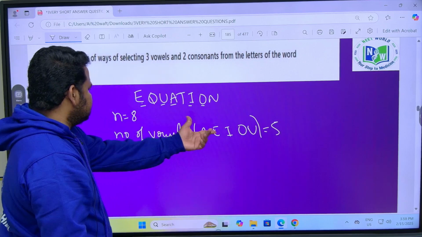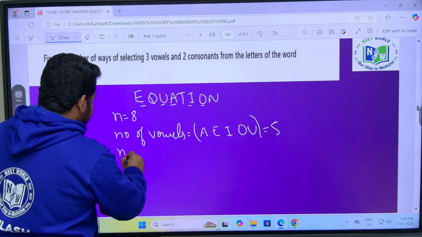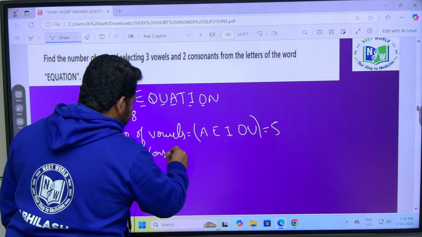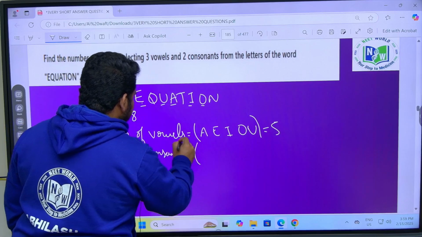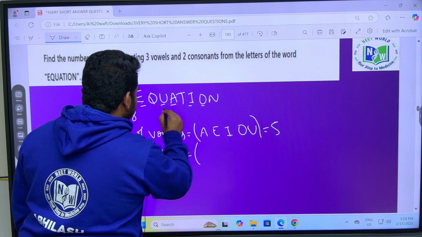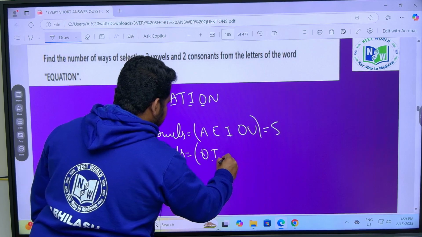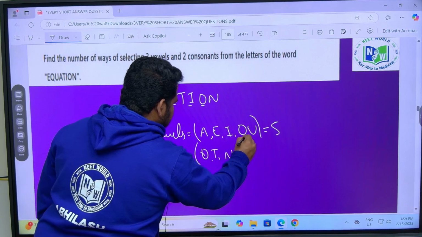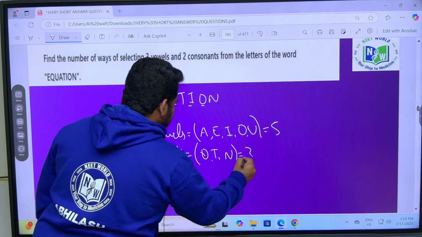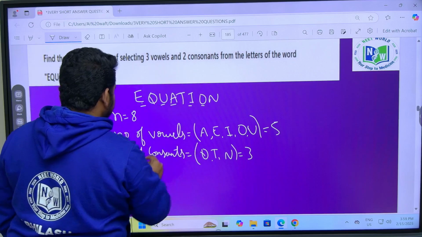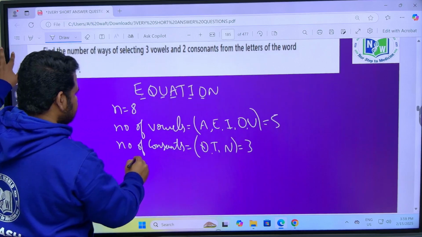If the number of vowels is 5, the number of consonants will be 3. Number of consonants, that is 1 2 3, Q, T, N, that is 3. So the number of ways of selecting, first let us select 3 vowels.